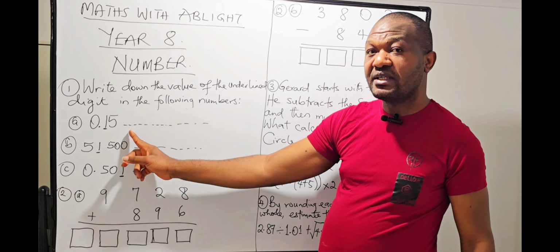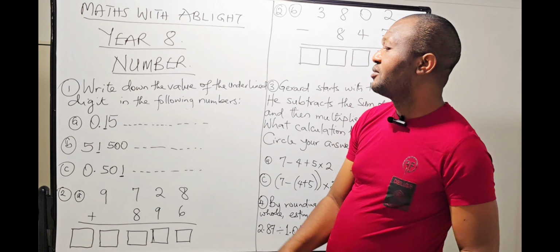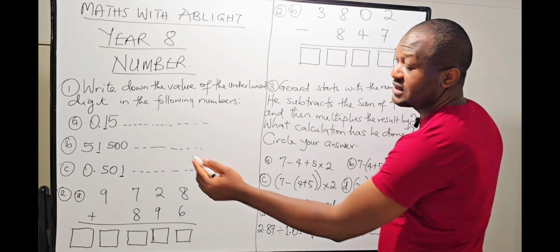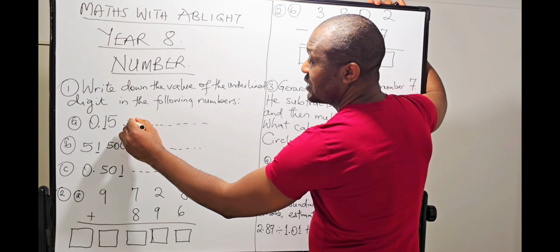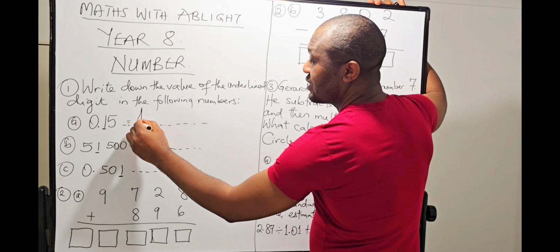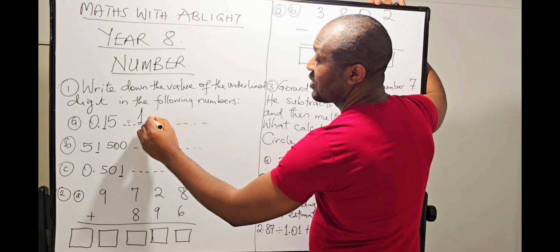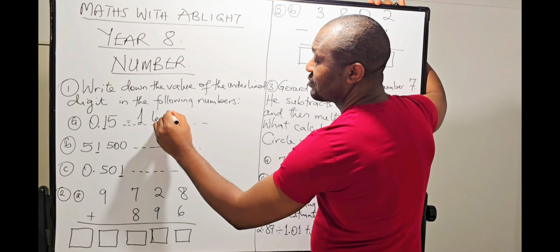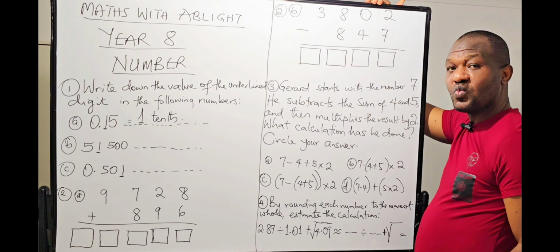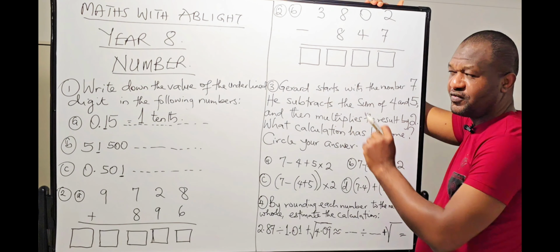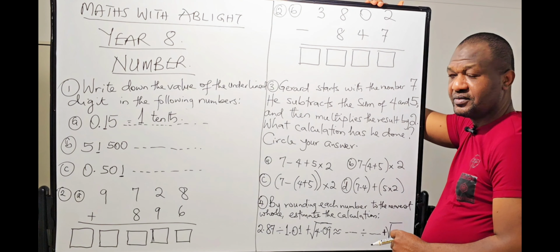Another number, tens of thousandth. So having seen this, all we need to do is to tell the person that the place value is equal to 1 tenth. It is 1 tenth of that value.